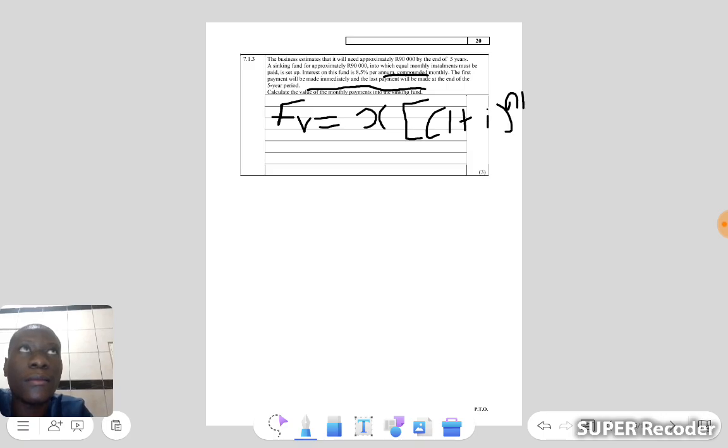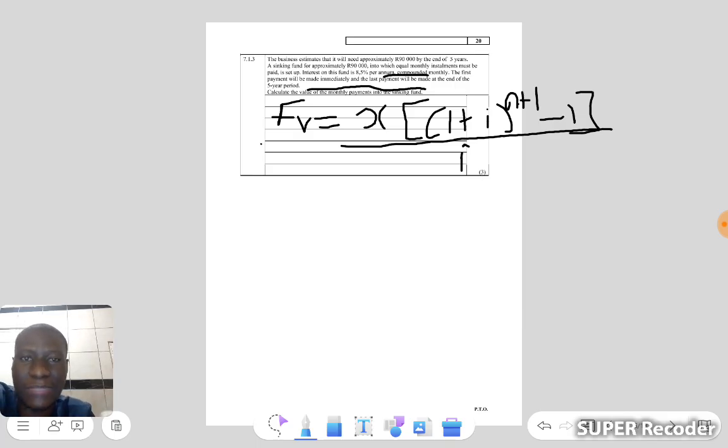This problem, as I've mentioned, we are going to use the future value formula. In finance, I like that for every problem we will know which formula to use. So our future value formula is like this. Future value equals x, 1 plus I, to the n plus 1, minus 1, then divided by I. They have given us our future value, here is 90,000.